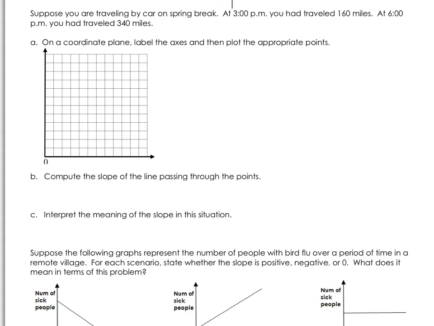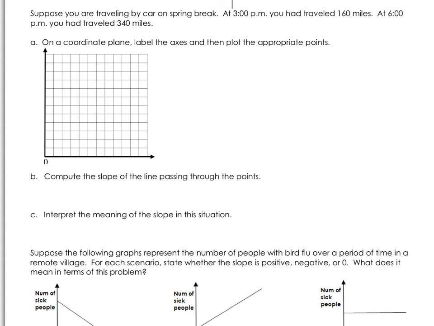So, what I'd like to do here is decide whether to put time on the x-axis or the y-axis. Which one is the independent variable? Does time depend upon the number of miles you've traveled? Or would you say that the number of miles you have traveled depends upon how long you've been driving?